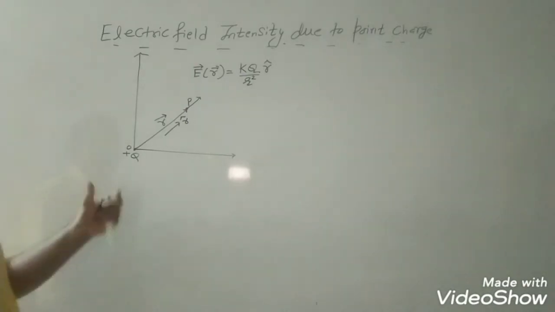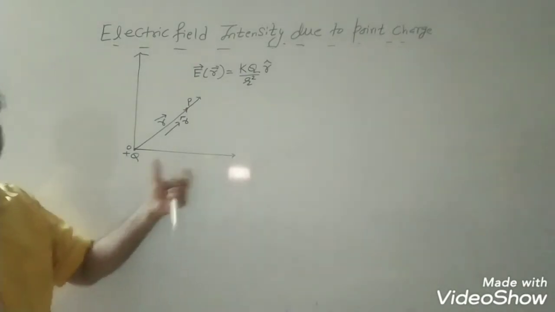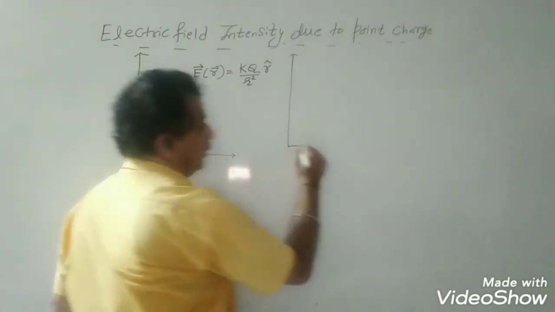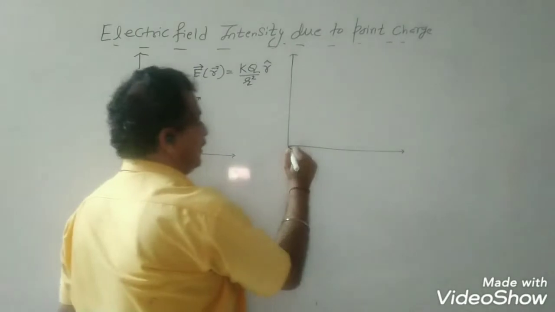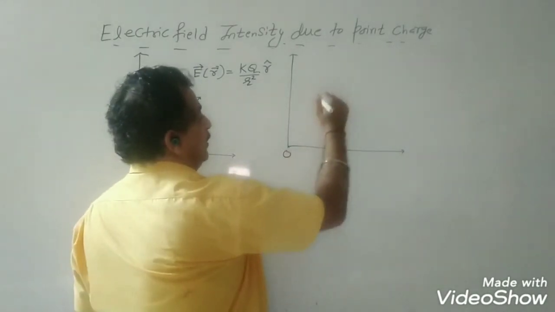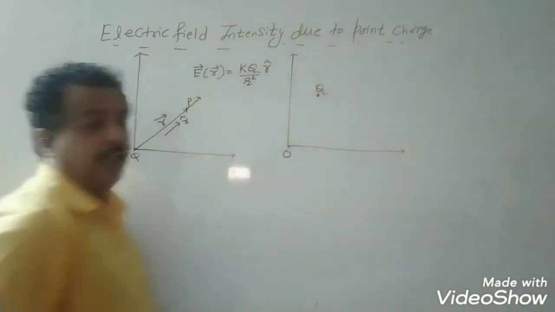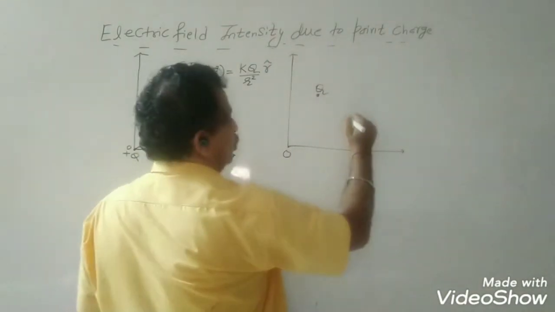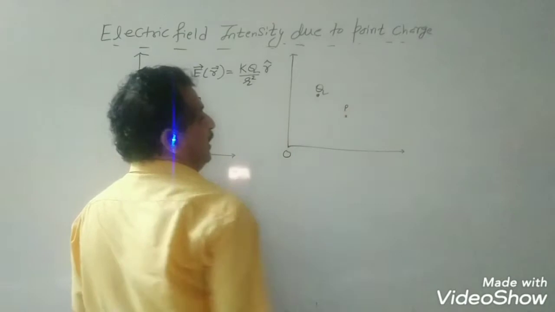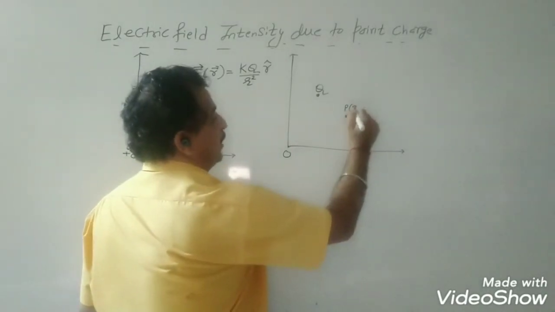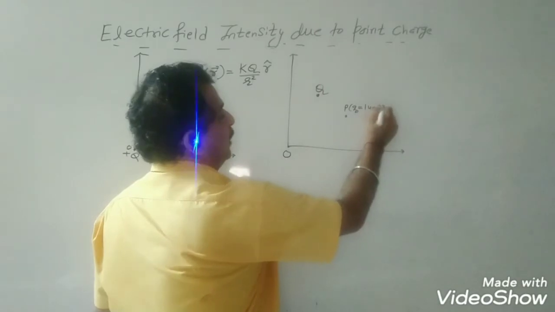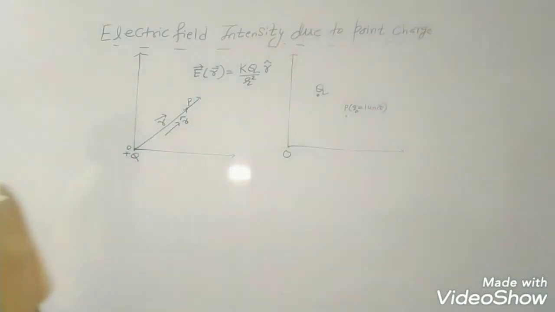Now, if I change this diagram and I need to find the electric field intensity where the source charge is not at the origin. So, capital Q is the source charge. Let at point P we have a test charge Q naught, which will be taken as 1 unit or a unit positive charge.